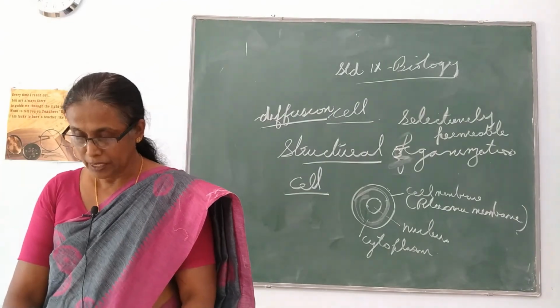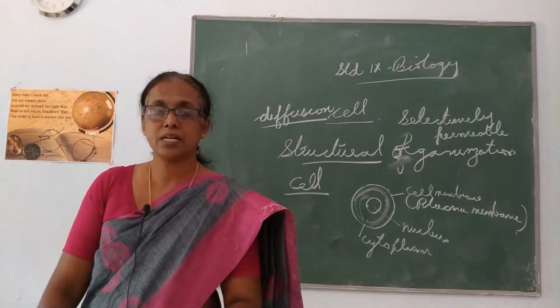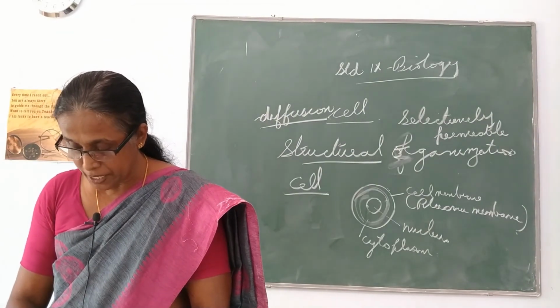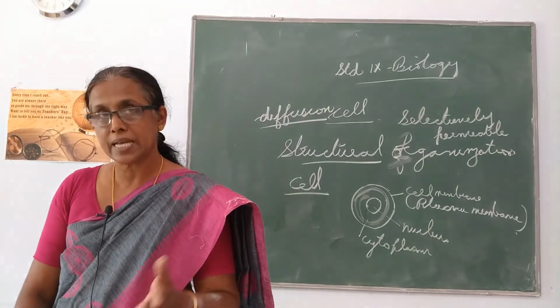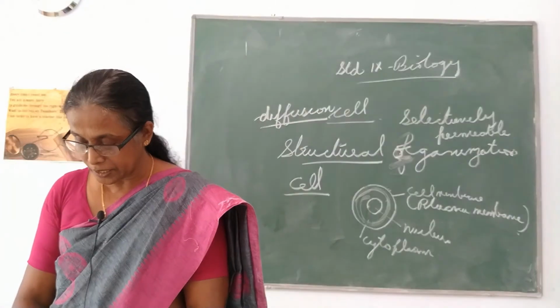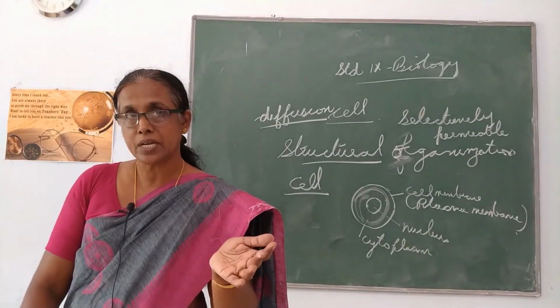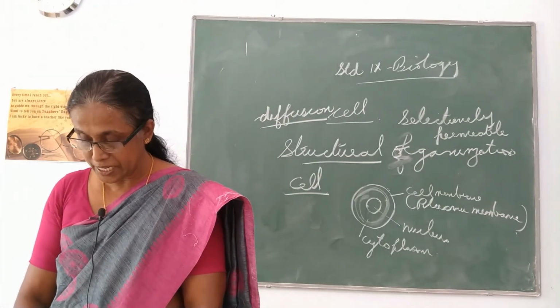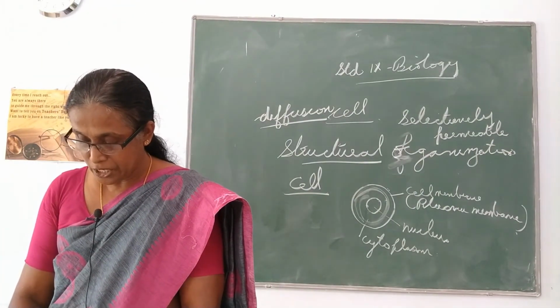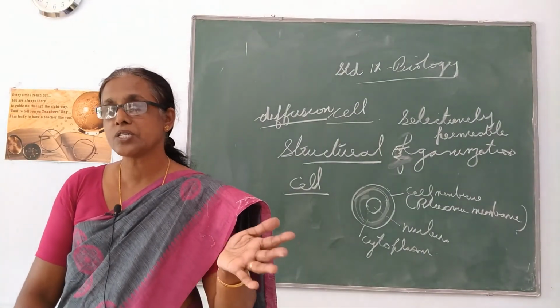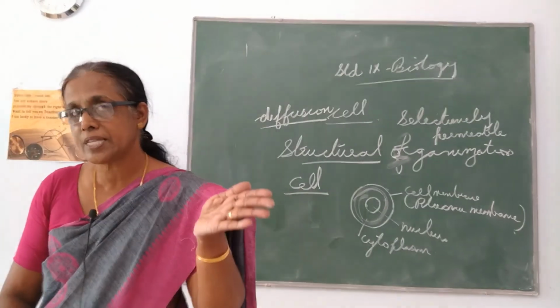See, carbon dioxide is a waste material in our body, and it has to be removed. If it accumulates in our body, it is toxic. So the carbon dioxide accumulates in a higher concentration inside the cell. In the cell's external environment, the concentration of carbon dioxide is low.